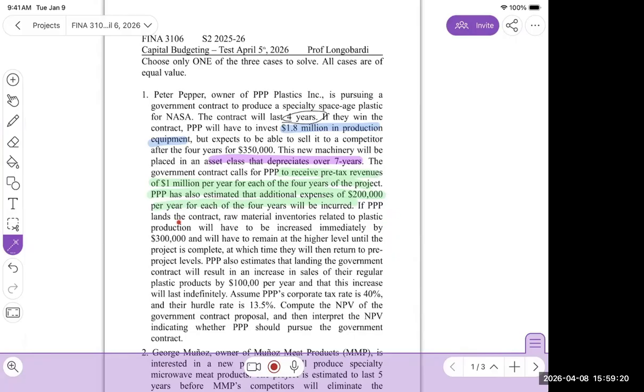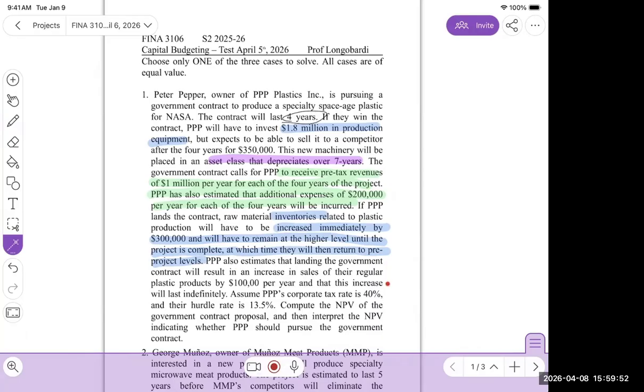So this is regarding net working capital, which is part of investment. So net working capital: inventories increased 300,000 and remain there, and then it will return to pre-project levels. Okay. PPP also estimates that landing the government contract will result in an increase in sales of their regular plastic products.